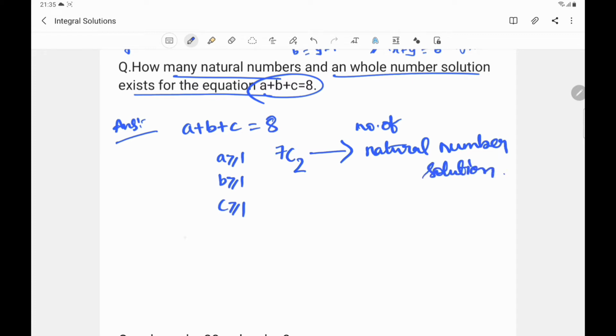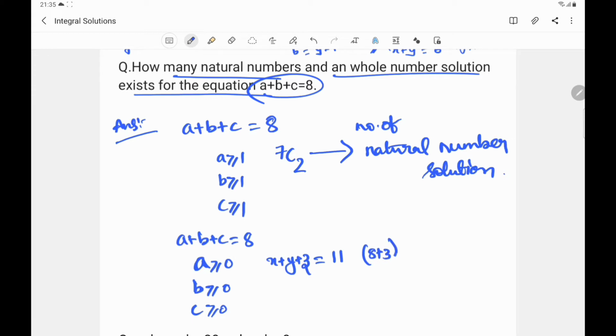Now for whole number solutions, a plus b plus c is 8, a greater than or equal to 0, b greater than or equal to 0, and c greater than or equal to 0. So this will be replaced with x minus 1, this with y minus 1, and this with z minus 1. So it will be x plus y plus z, and minus 1 minus 1 minus 1, when it goes to the other side, this will become 11, 8 plus 3.